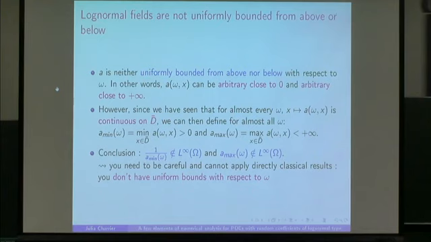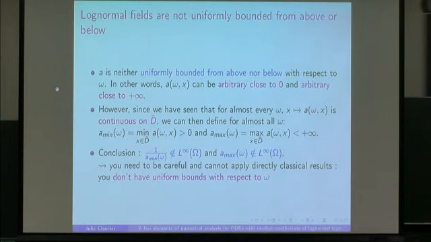So that means that you cannot bound A from above nor below uniformly with respect to omega. But since we have some regularity with respect to x, you are on a closed bounded domain, so you have some minimal value and maximal value.